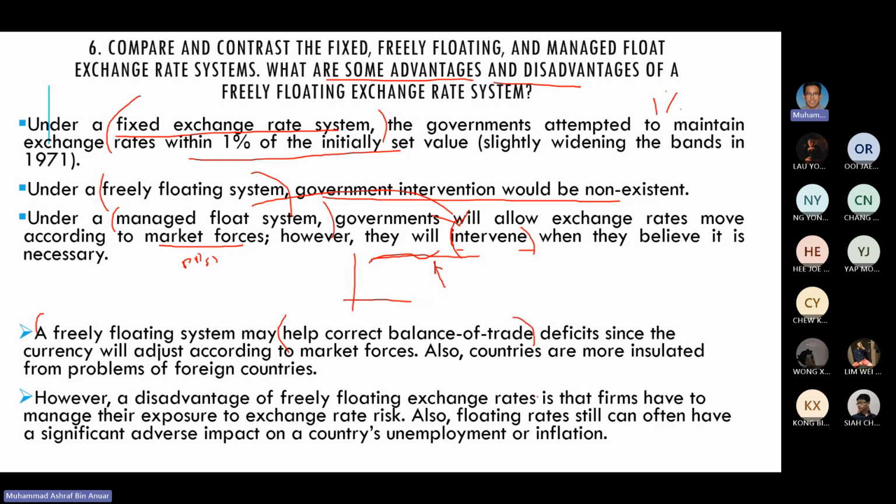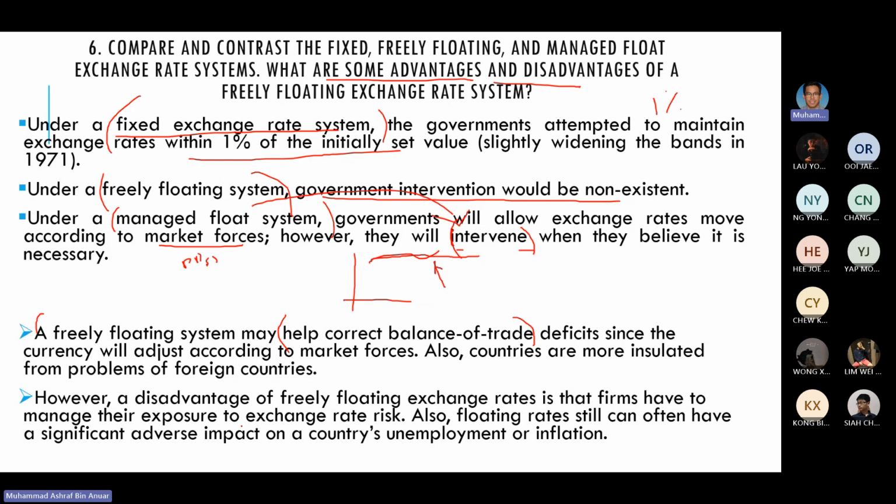So the key point here is that it helps to correct the balance of trade. And countries are more insulated from problems of foreign countries. So those are the advantages.